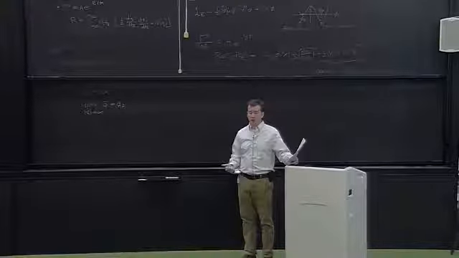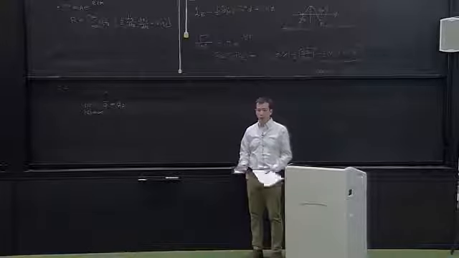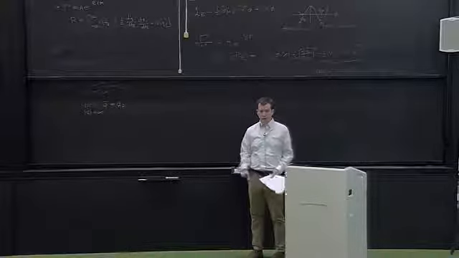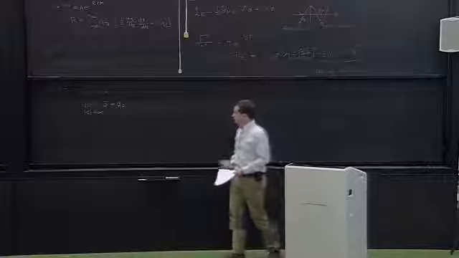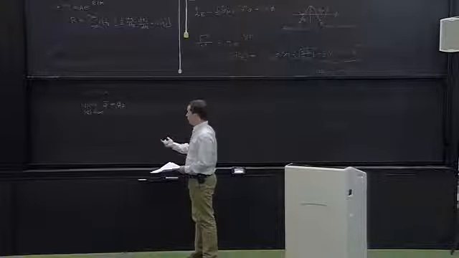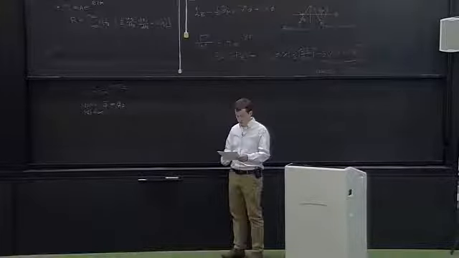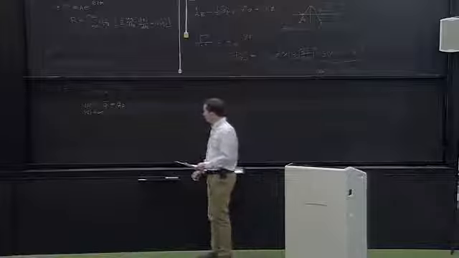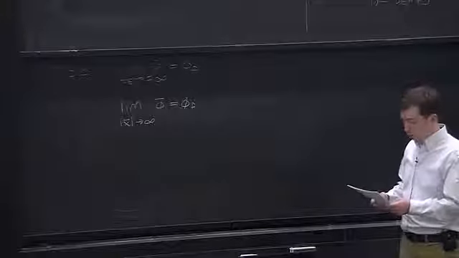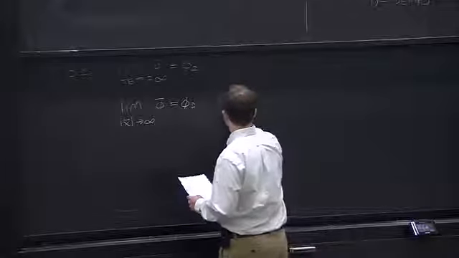That's not to say that infinite action configurations aren't important in the path integral. Most field configurations have infinite action. It's a set of measure 0 that have finite action, but if we want to do a semi-classical approximation, we should choose a finite action configuration as our saddle point. This is for finite action.